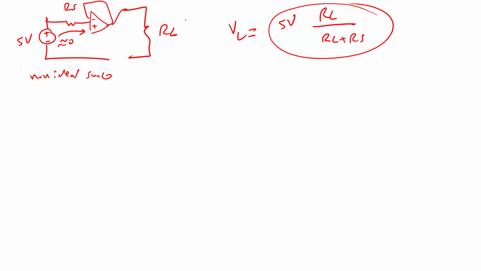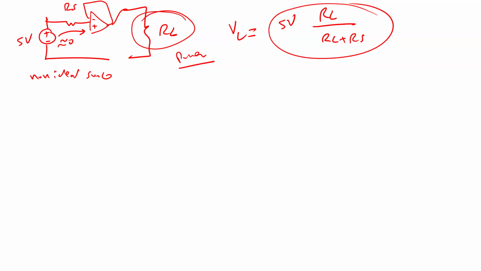But RL is going to consume some power. So how is it that the source does not generate any power and RL is still consuming power? This is simply because the power consumed by RL is coming from the bias. It's not coming from the input here. So this is one way to use it.